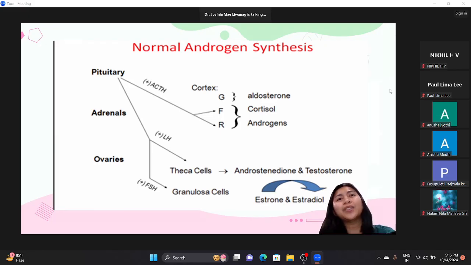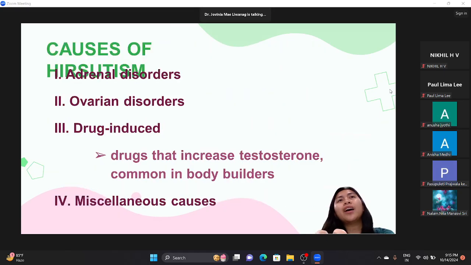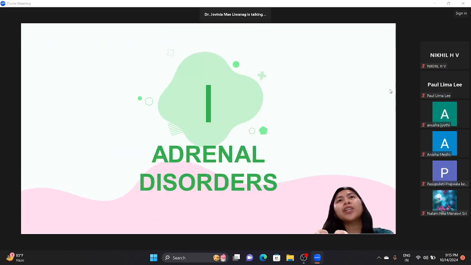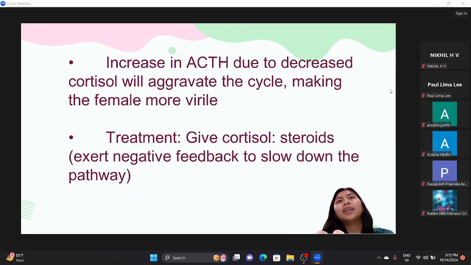So you remember the biochemistry? That's the reason in congenital adrenal hyperplasia there's a decrease in cortisol, which aggravates the pituitary gland to increase the ACTH, making the female more viril. So the treatment here is cortisol, because the culprit is a decrease in cortisol.